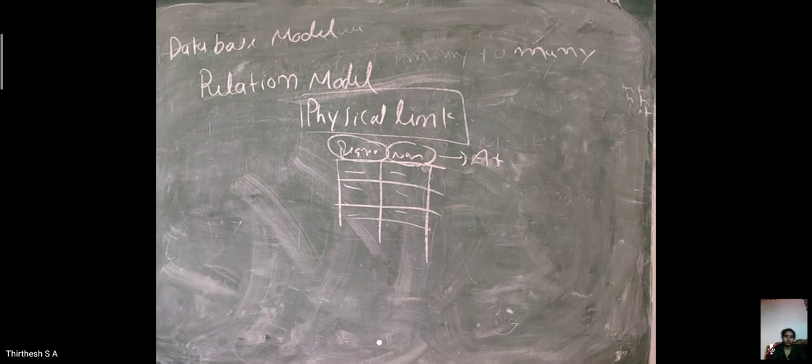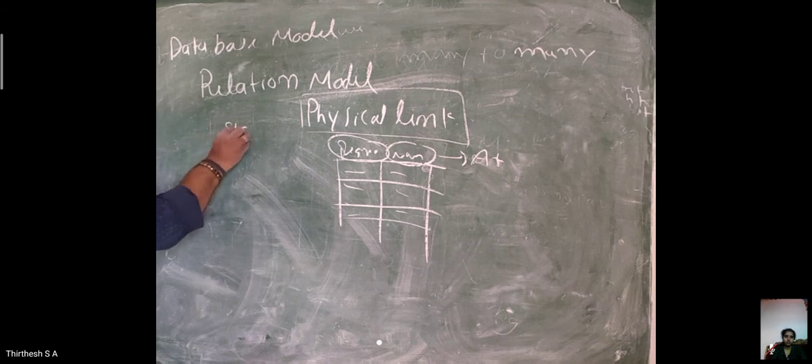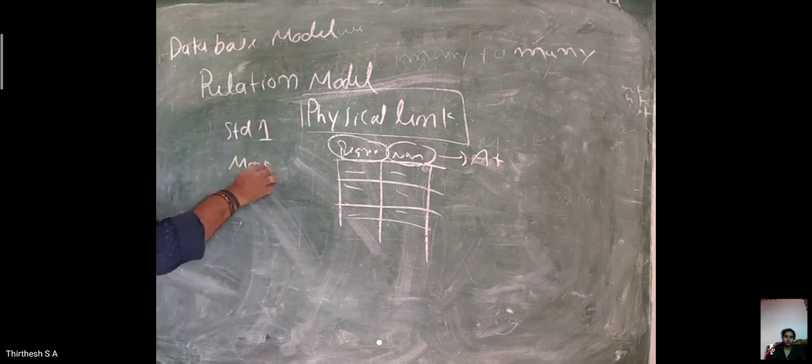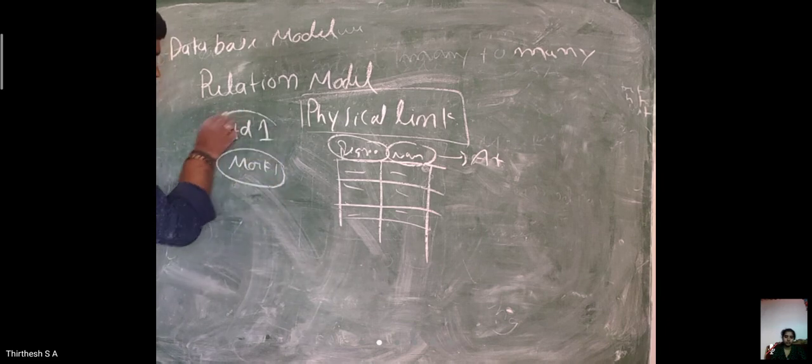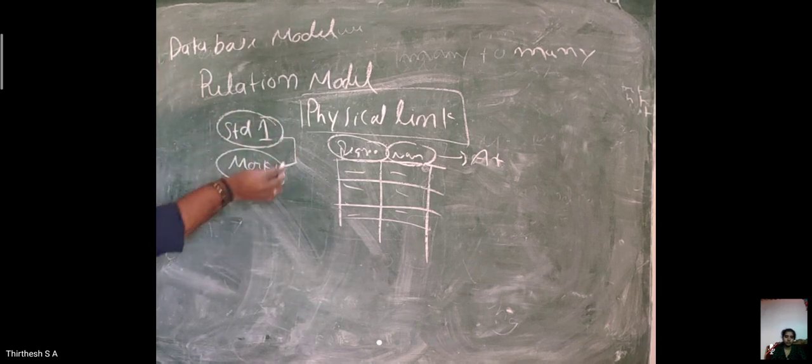So how is a relationship formed between two tables? For example, take table 1 as student register and another as marks. These are related with the help of attributes. The student register has roll number and name.